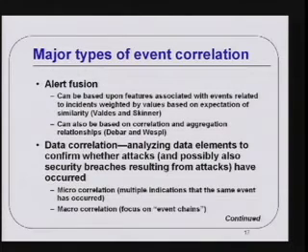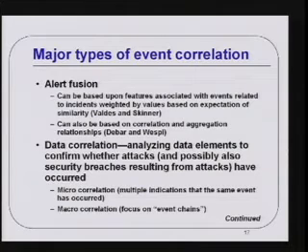What you do with data correlation is look at the various features and elements within data to determine whether or not there is some kind of security breach, or at least whether or not an attack has occurred. There are two main types of approaches for data correlation. The first one I would like to call micro-correlation. Microcorrelation means that you, on the surface, have more than one indication that an event occurred, and these indications are from different devices on your net.